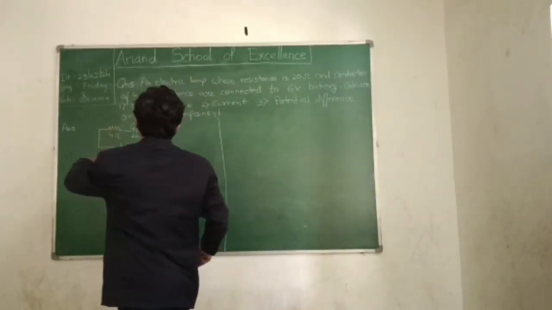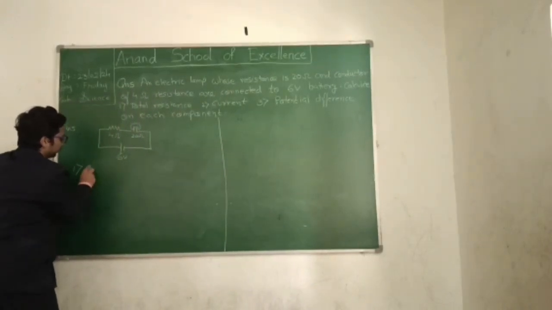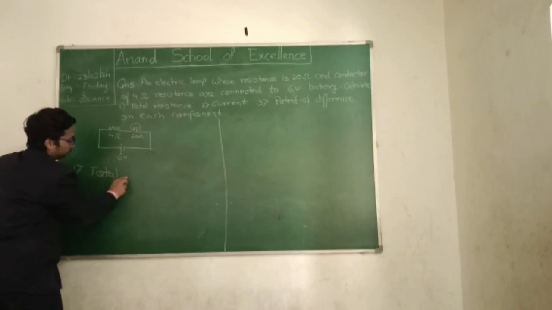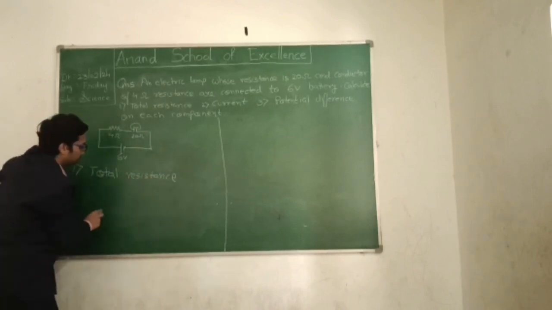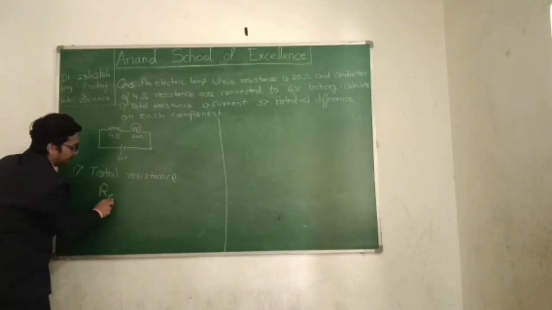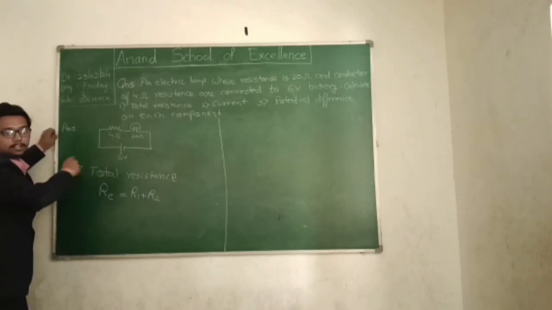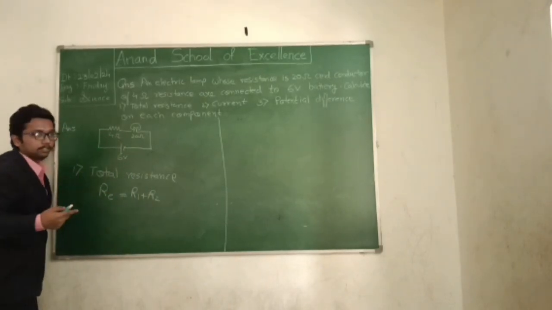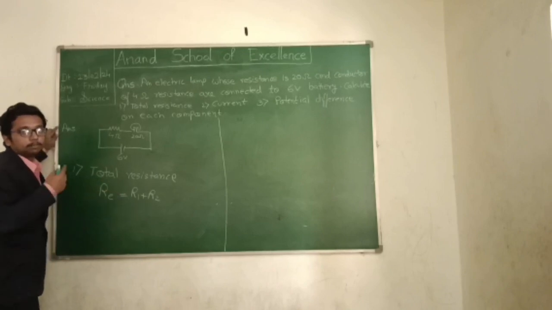So let's find our first, total resistance. Total resistance can be given by RE is equal to R1 plus R2 because it is connected in series. We have just derived the series connection formula, R is equal to R1 plus R2 plus R3.